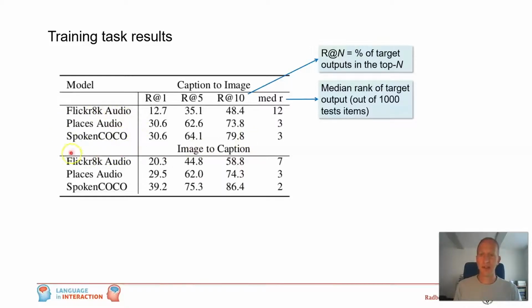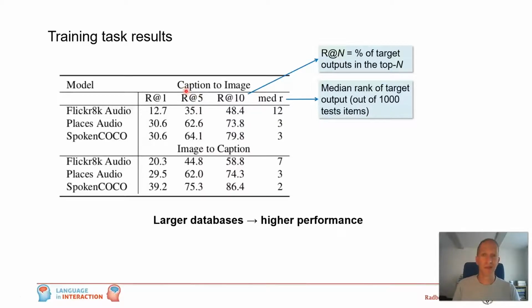So larger training databases lead to better results. Higher recall percentage than the Flickr 8K here, and lower median rank, both for going from caption to image and from image to caption. Again, larger databases result in higher performance on the training task.